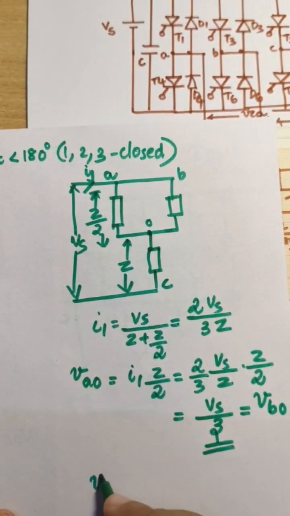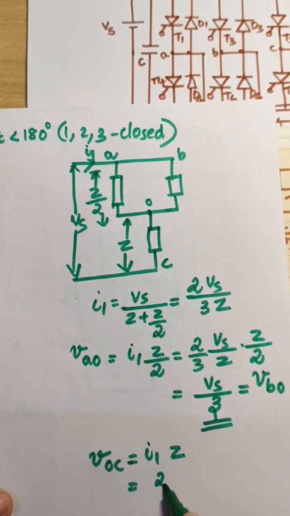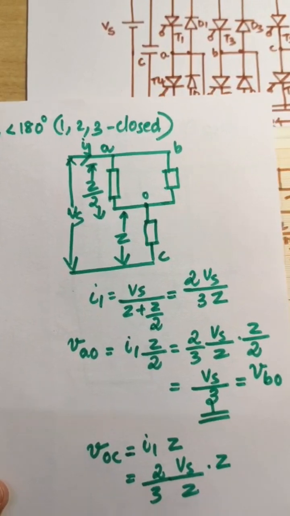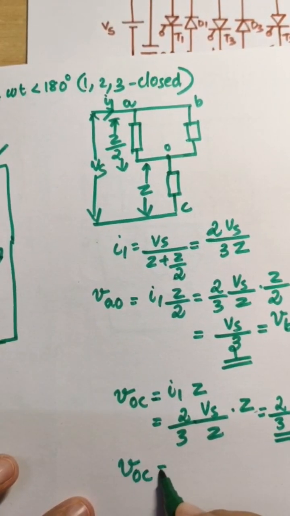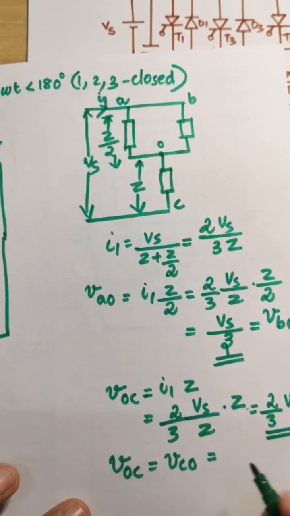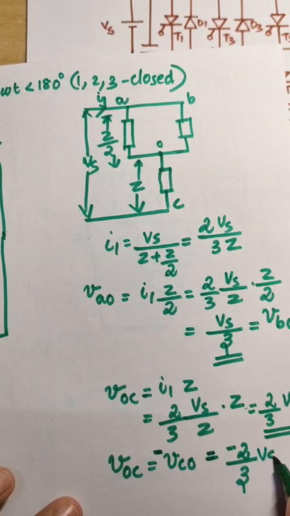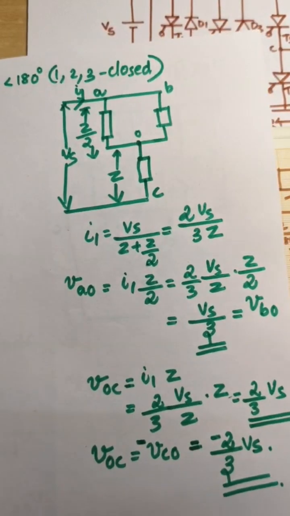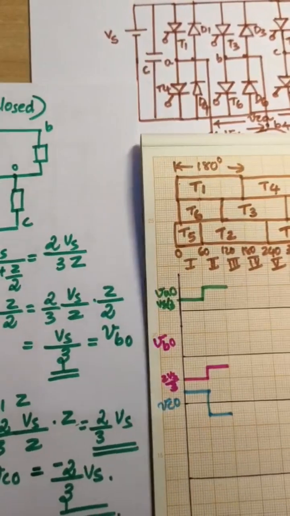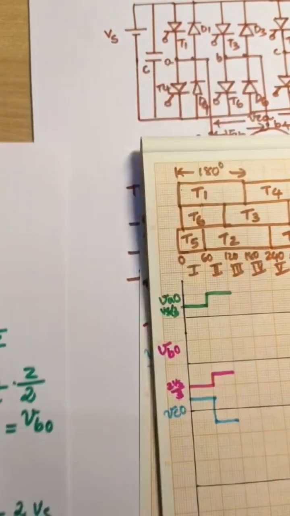Next we need to find VCO. First we need to find VOC, which is equal to I1 into Z, which is equal to 2 by 3 Vs by Z into Z, which is equal to 2 by 3 Vs. So VOC is equal to minus VCO, which is equal to minus 2 by 3 Vs. We can draw it in this graph where VAO and VBO we obtained as Vs by 3.